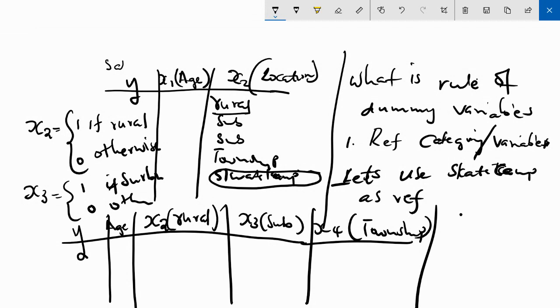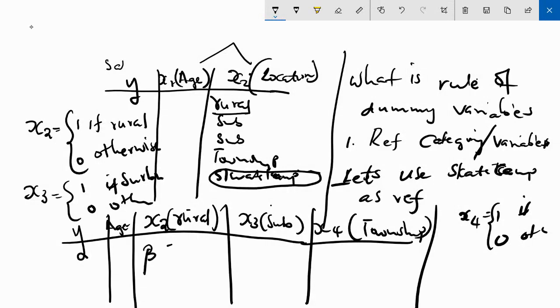The last one, x4, is 1 if township, 0 otherwise. Now your problem started with only 2 variables, x1 and x2, but it ended up with how many variables? 1, 2, 3, 4.